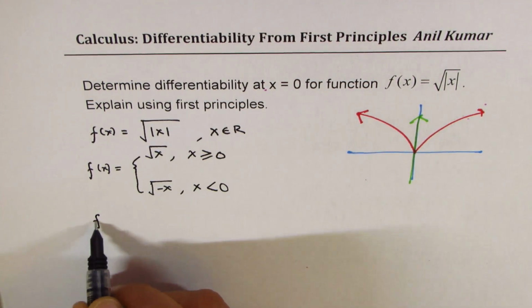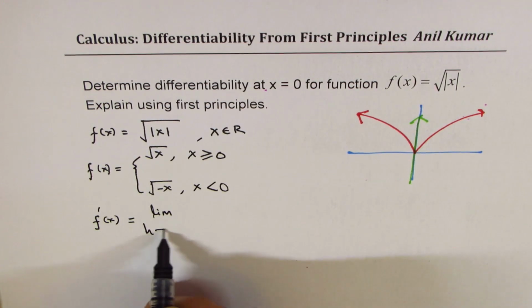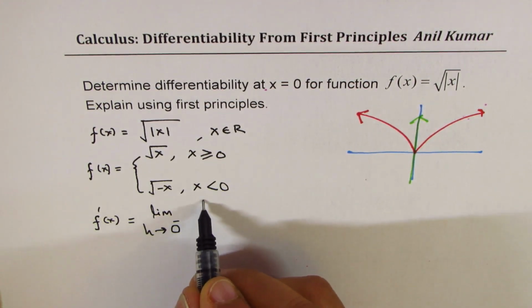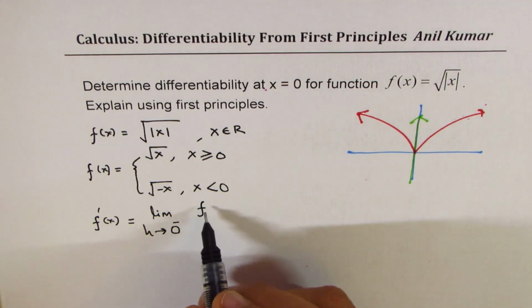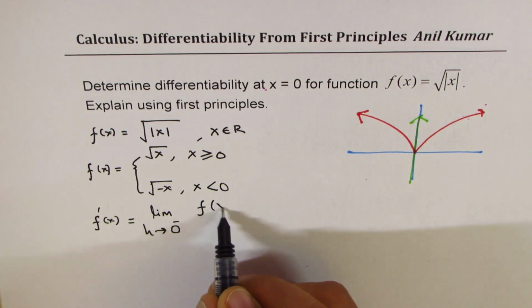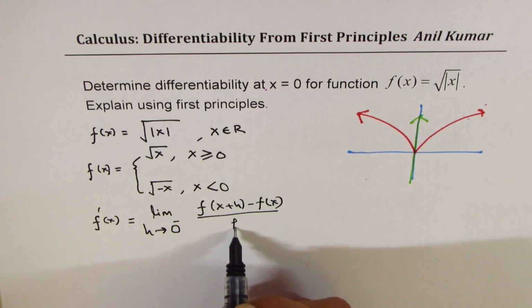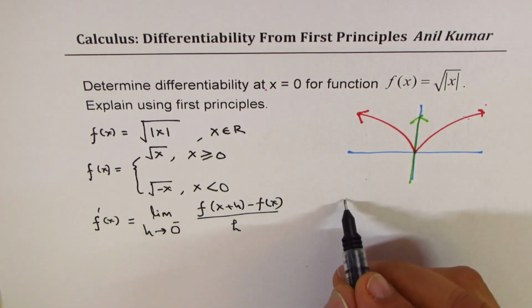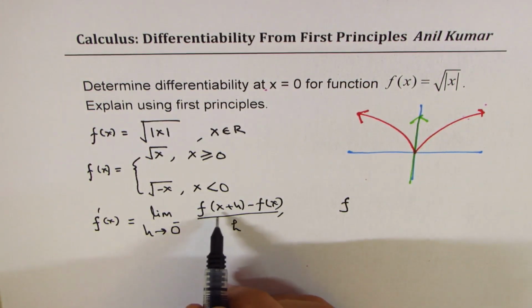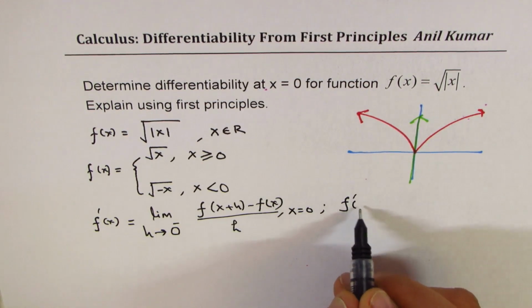So you can say f dash x is equal to limit h approaching 0 from negative side of f of, let me write general function, x plus h minus f of x over h, and we are trying to figure out at x equals 0. So I could have written like this also, f dash of 0.